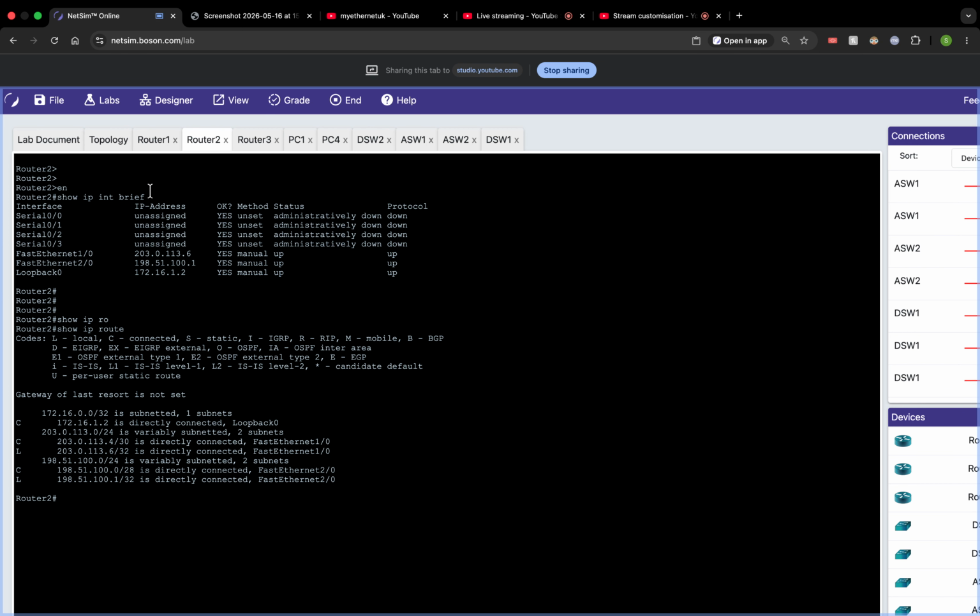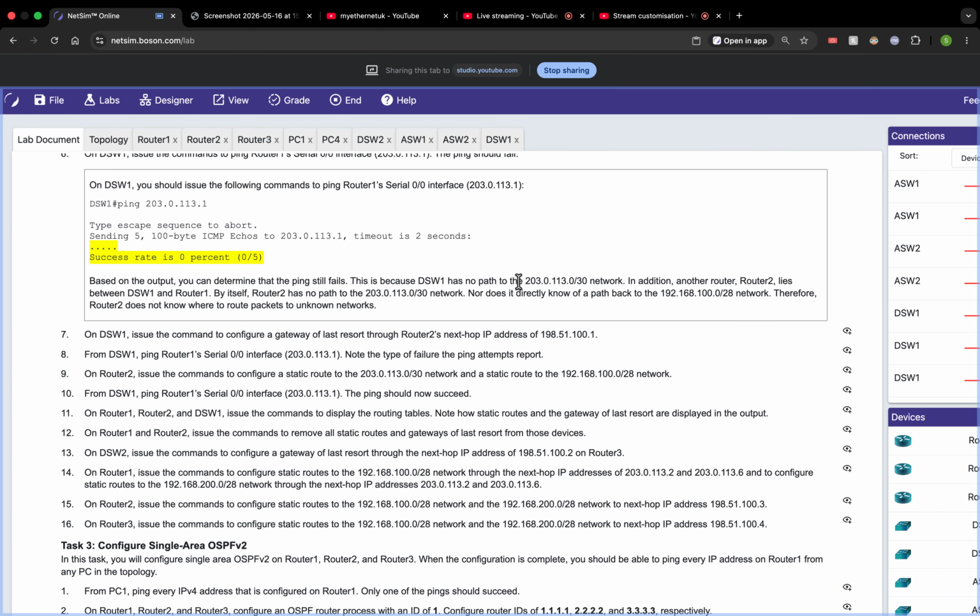No path exists. Router 2 lies between DSW1 and DSW2. Router 2 actually doesn't even have a path to 198.51.100.1/32.